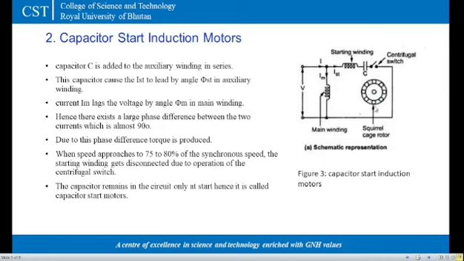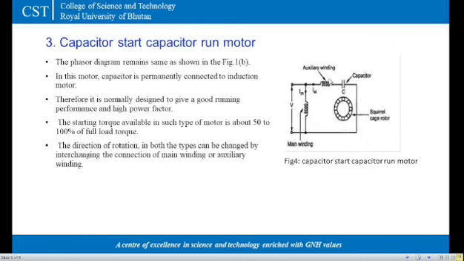Similarly, as I have explained earlier, the centrifugal switch opens when the speed approaches 70 to 80% of synchronous speed and the starting winding is out of the circuit. The capacitor remains in the circuit only at the start, hence it is called a capacitor start motor.